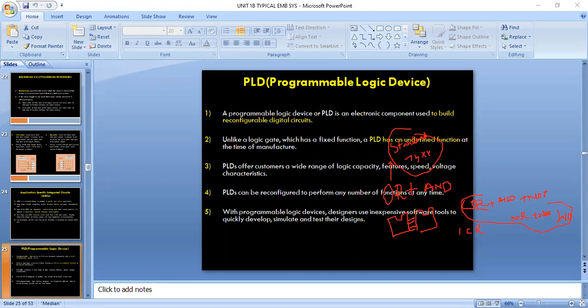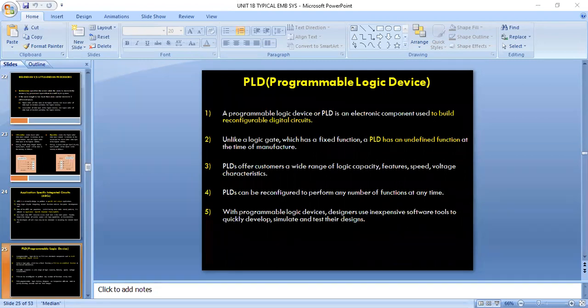Then what do I have to do? I have to use these PLDs, programmable logic devices. What is the advantage of this programmable logic device? Physically, it looks like this. It may be a PLA, it may be a PAL.